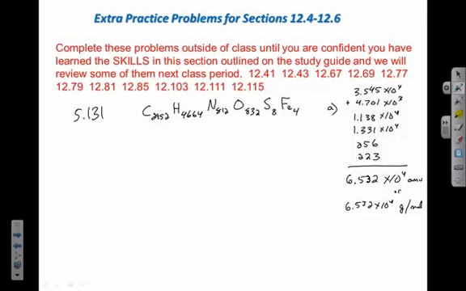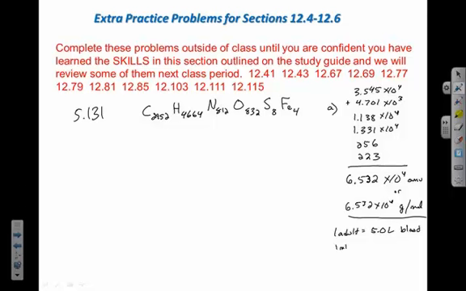So the relationships it gives us, we'll just write those down. So we have the molar mass. That's a relationship, the number of grams per mole. Then it says an average adult has 5 liters of blood. So one adult equals 5 liters of blood. Then it says every milliliter of blood has 5.0 times 10 to the 9th cells.